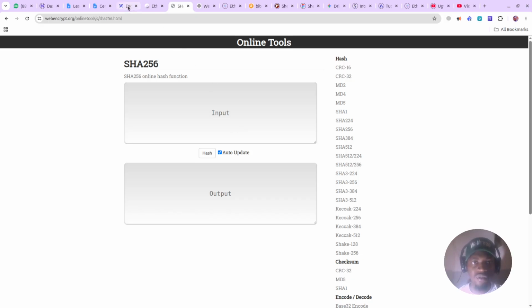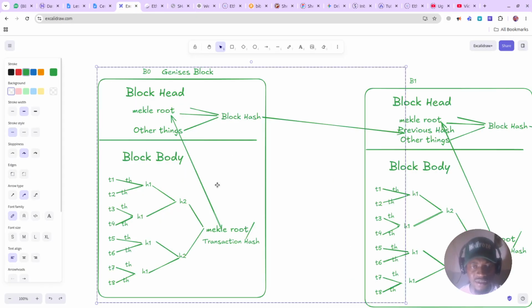Now, back to our analysis. All these transactions are being hashed. That is what TH means: transaction hash. So this is a hash, this is a hash, this is a hash, this is a hash. Now, this hash and this hash are combined together to produce another hash known as hash 1.